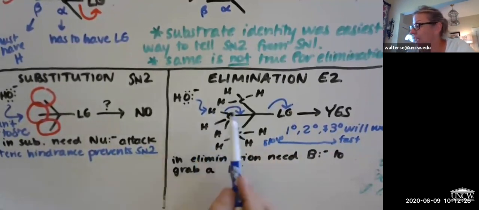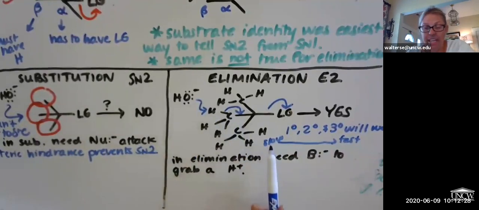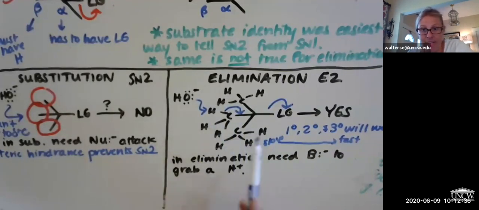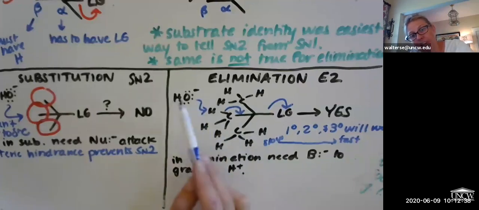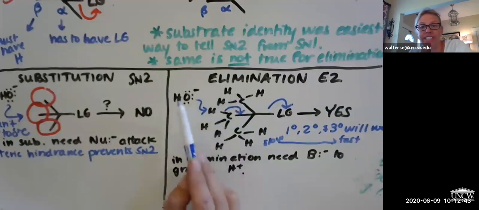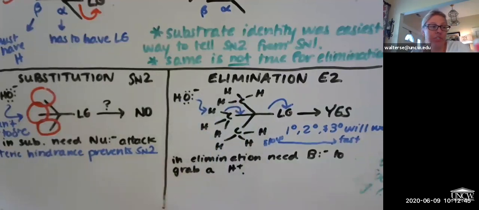The probability of finding 1 in 9 is higher than the probability of finding 1 in 3. This hydroxide would see no protons here, and then finally find one over here. This thing can bump anywhere and the reaction will proceed. Questions?